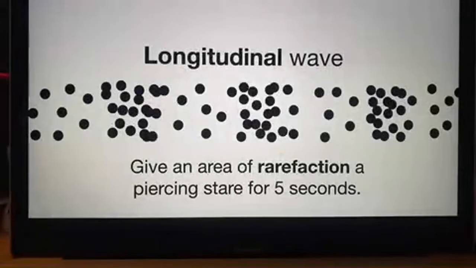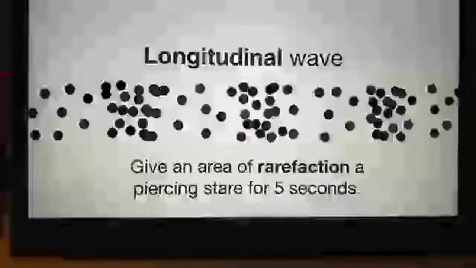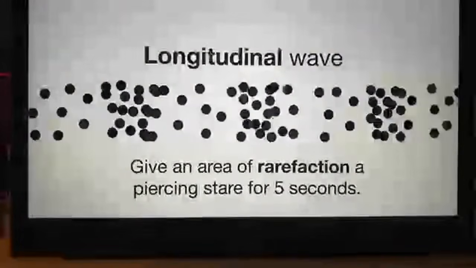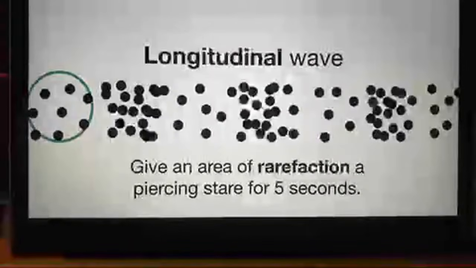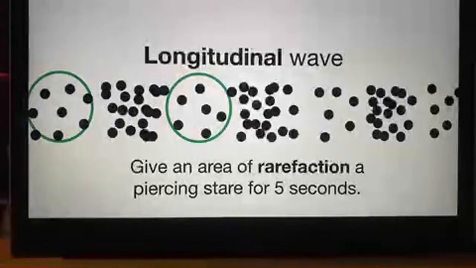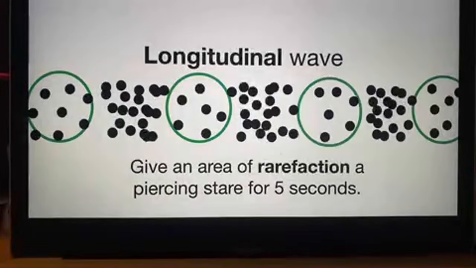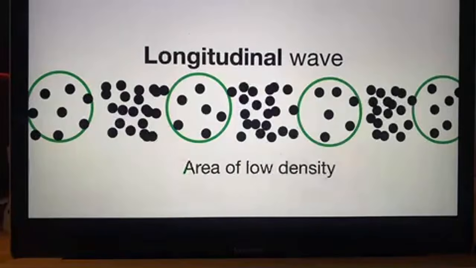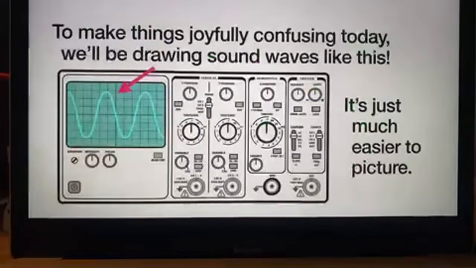And in some of the areas, the particles are more spread out. Which bits of that wave do you think are areas of rarefaction? Give it a piercing stare. Have you guessed? Have you got an idea? Yes, it's the bits that are not areas of compression. That's right. The only tricky bit there is remembering the word rarefaction, which is not a word that you come across, really. We would say areas of low density, okay?